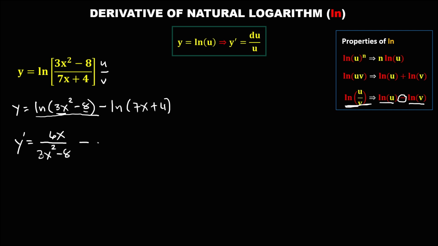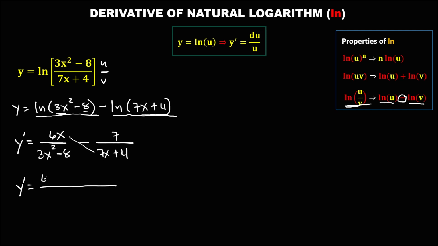Then minus, so for the derivative of ln 7x plus 4, the derivative of 7x plus 4, this one is 7, then over 7x plus 4.